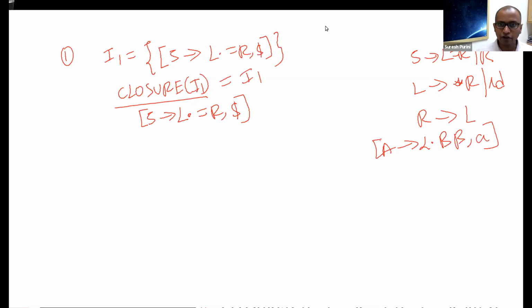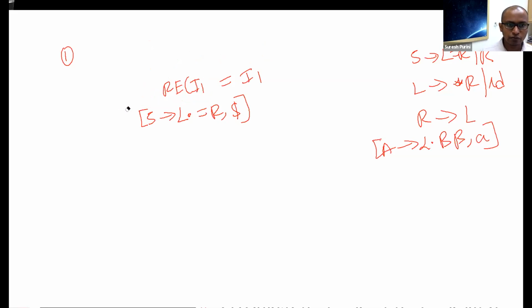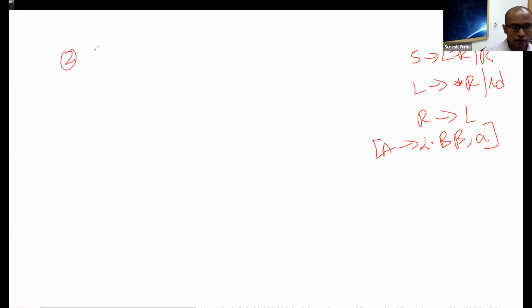So now let's take one more interesting example and try to understand the closure construction. The item set I2 is this. It's a set.